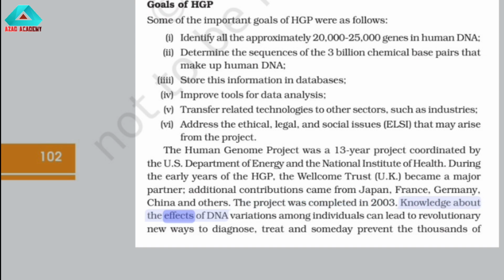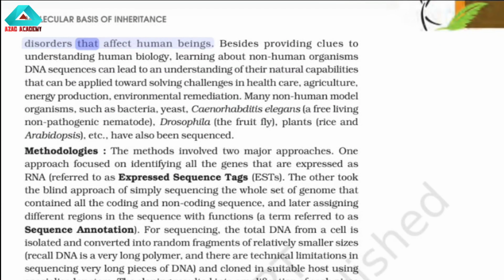Knowledge about the effects of DNA variations among individuals can lead to revolutionary new ways to diagnose, treat, and someday prevent the thousands of disorders that affect human beings. Besides providing clues to understanding human biology, learning about non-human organisms' DNA sequences can lead to an understanding of their natural capabilities that can be applied towards solving challenges in healthcare, agriculture, energy production, and environmental remediation.